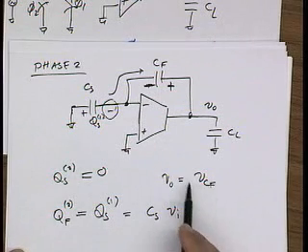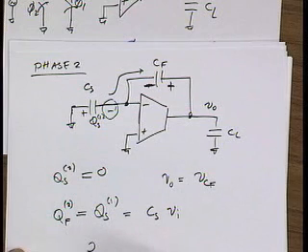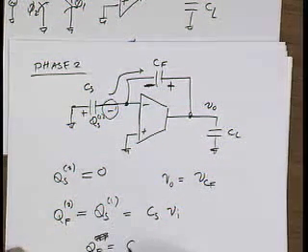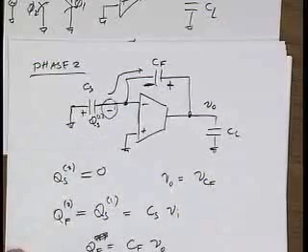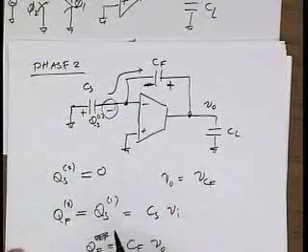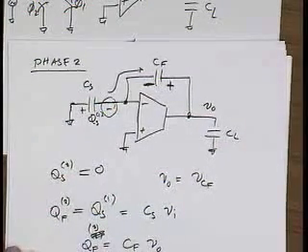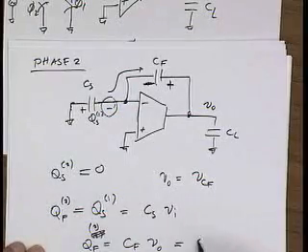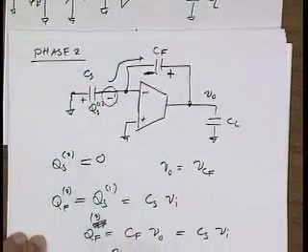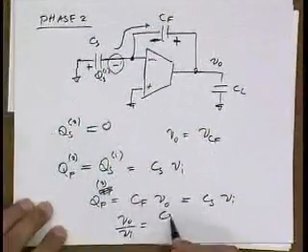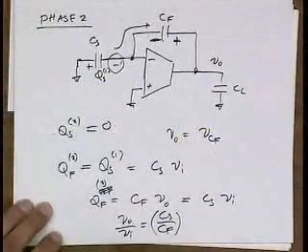And the charge on CF in phase 2, or QF always, is CF times Vout, actually in phase 2, because that's when Vout is connected across here. And so if I just substitute CS Vin, I have that Vout over Vin is CS over CF.